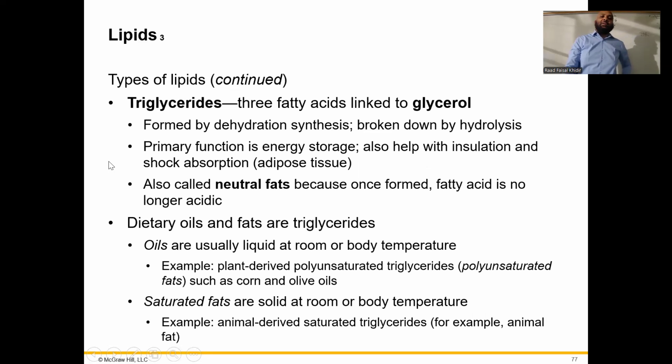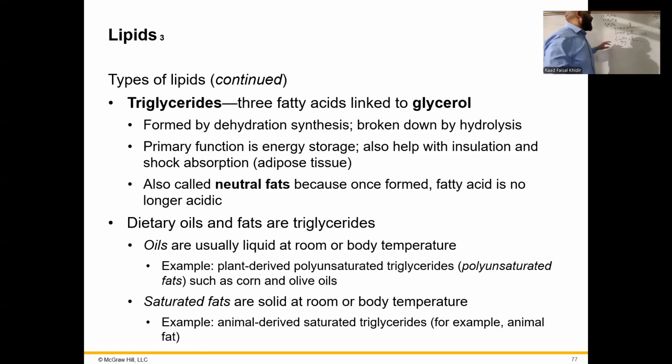Triglycerides are long fatty acids that are linked to glycerol. Remember, we drew the backbone of the fat. It looks like this: carbon, carbon, carbon with an OH, OH, OH. That's glycerol. Then you have the fatty acid, with an H here, and a carbon here, and a long chain, then another long chain, and another long chain.